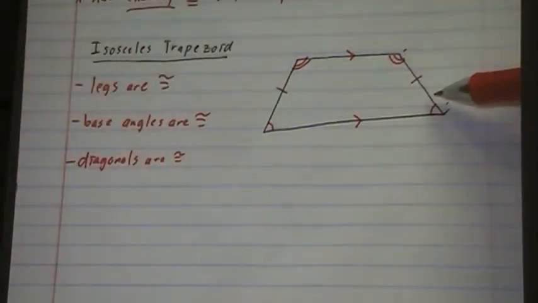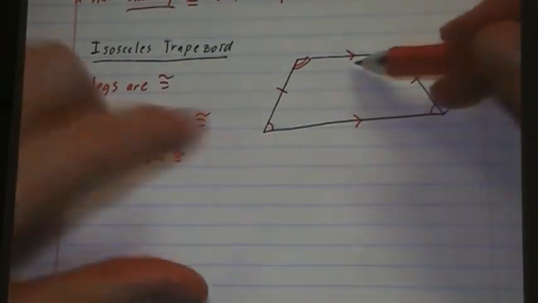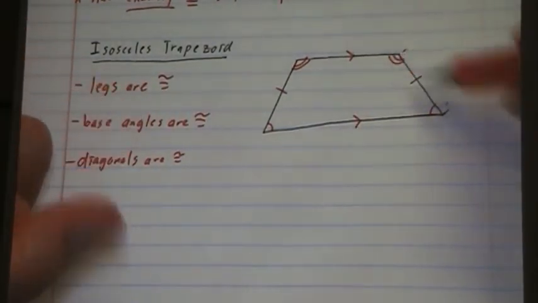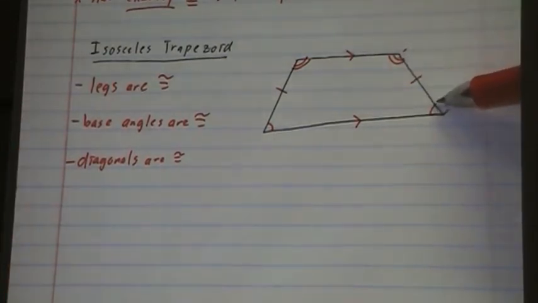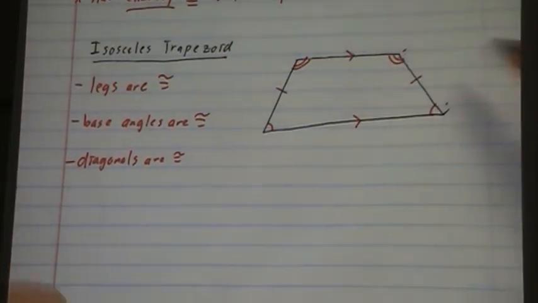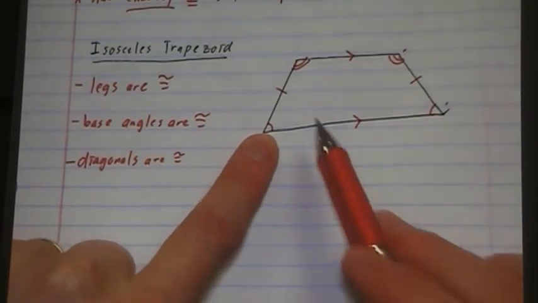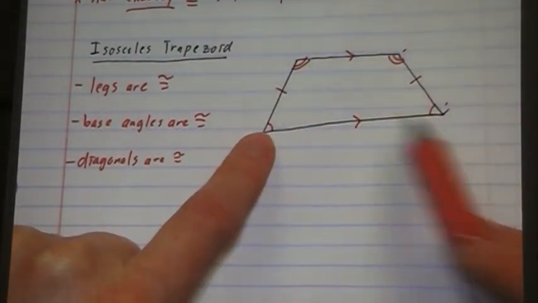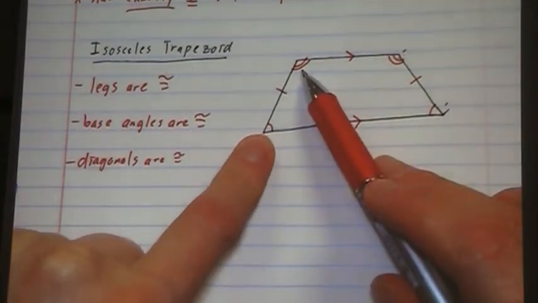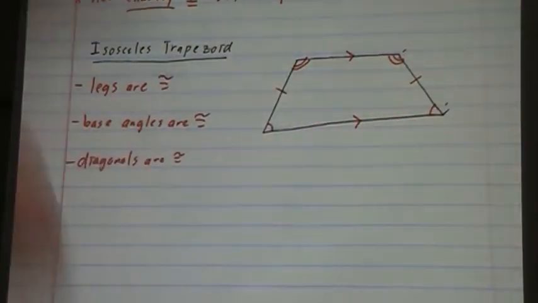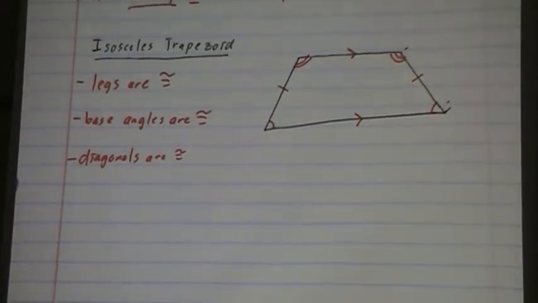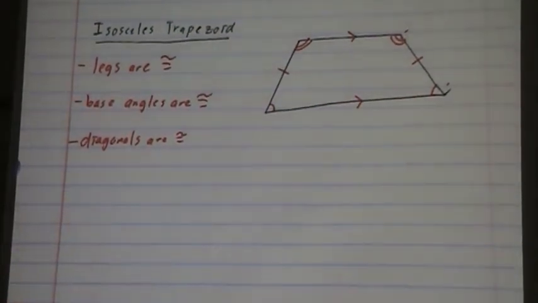Remember, think back to chapter 3 with parallel lines. We've got some parallel lines right here. That means this guy and this guy are consecutive interiors, and they would add to 180. So if you're given one angle in an isosceles trapezoid, you can figure out everything else. Bottom guys are the same. This guy and this guy add to 180, and then these guys are the same. It's kind of a nice problem where if you get one answer, it's like knocking over a domino, and you can get the other pieces as well.